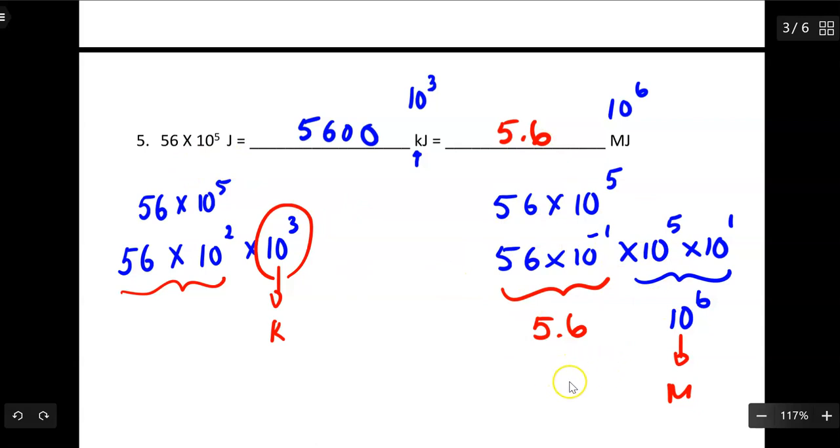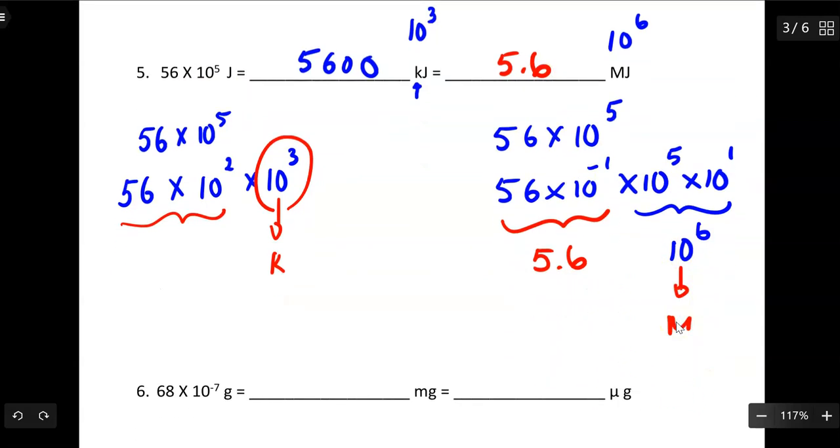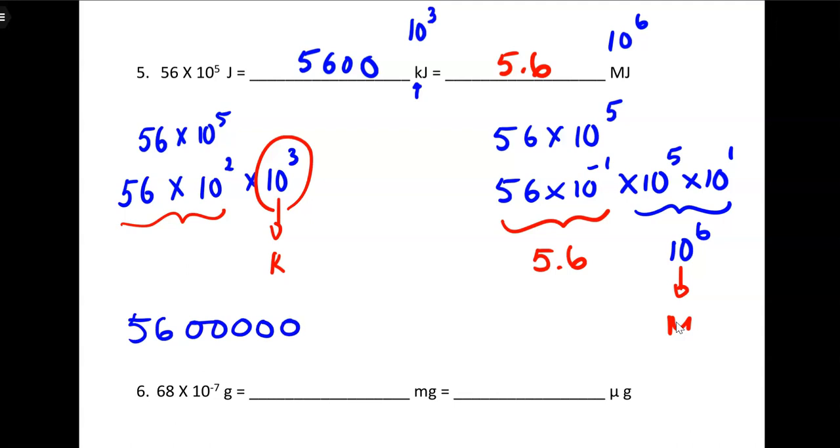You can go ahead and expand this number as such. You can just write 5, 6, and then 5, 0, 3, 4, 5. And then you start moving the decimal point. Okay, so here is your decimal point right here. Then you can just start moving it 1, 2, 3. Okay, so that is your number for kilo, and you continue moving 1, 2, 3, and that is your number for mega.